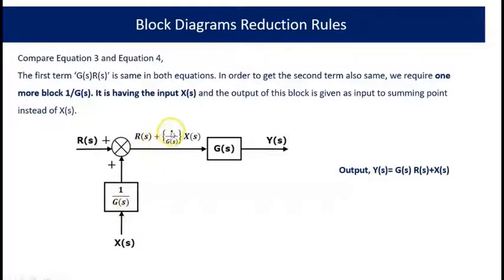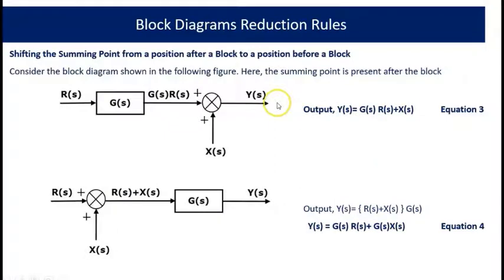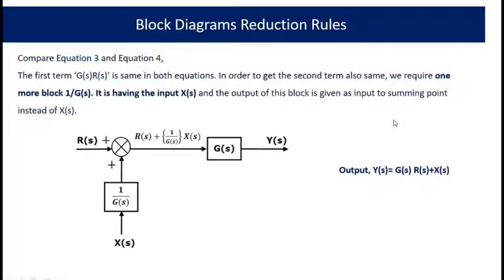So R of s plus 1 by g of s x of s, into g of s. So y of s is equal to again g of s R of s plus x of s. So in the first case we have to add a block with transfer function g of s. In this case we have to add a block with the transfer function 1 by g of s.